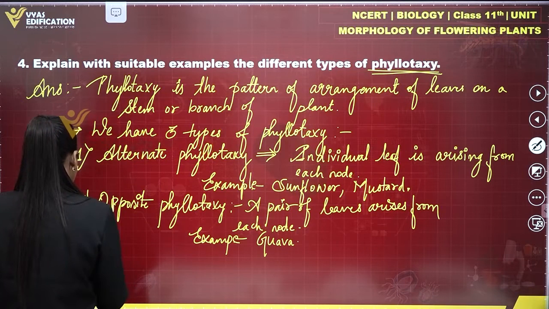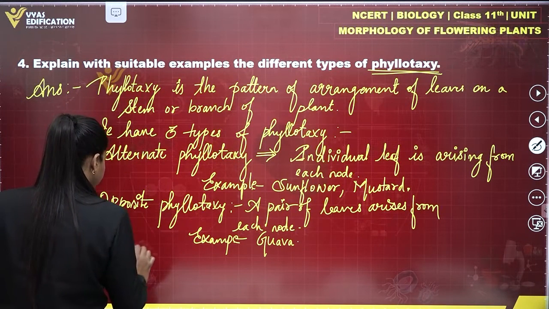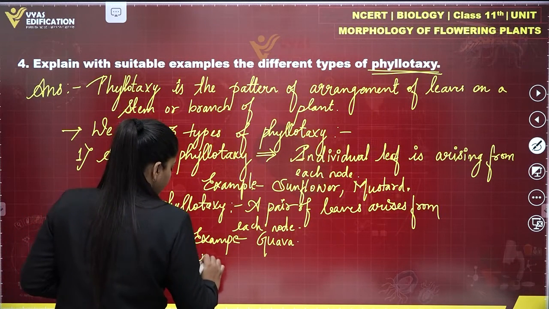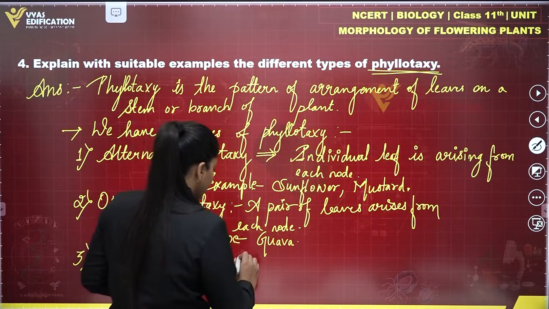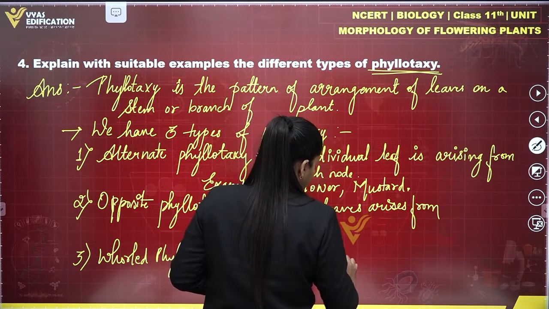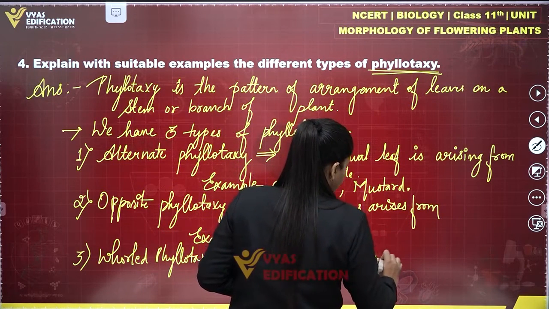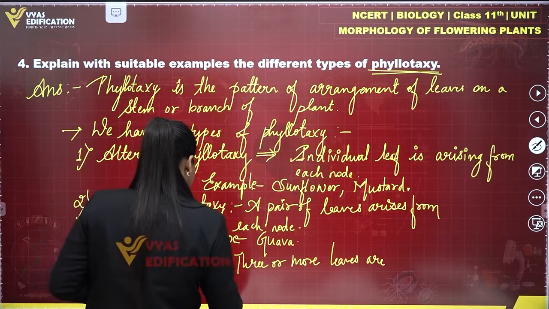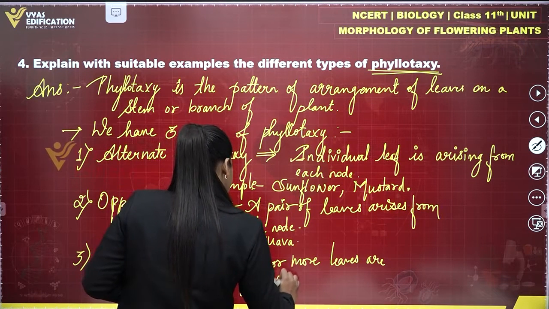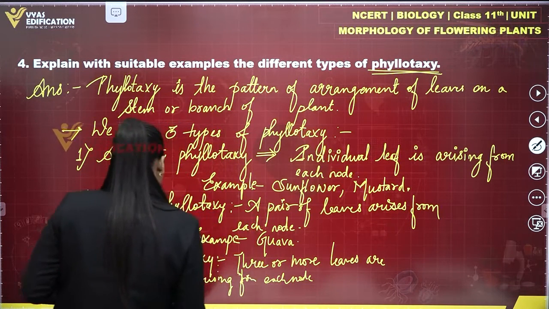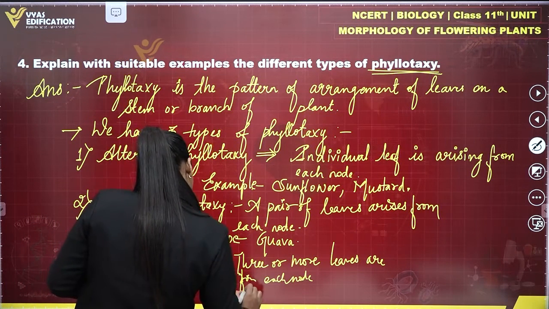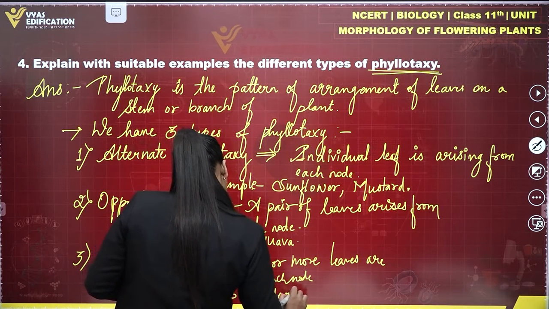The last one is whorled phyllotaxy. In this, 3 or more leaves are arising from each node. For this we have examples such as Alstonia and Nerium.